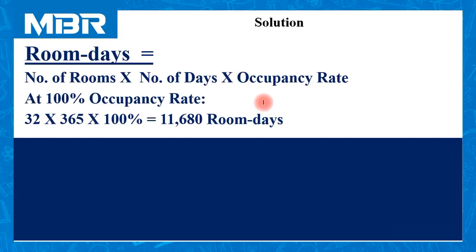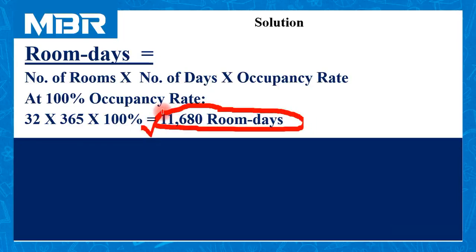So if the hotel is working for all 365 days in the year at 100% capacity, then the number of room days are 11,680.